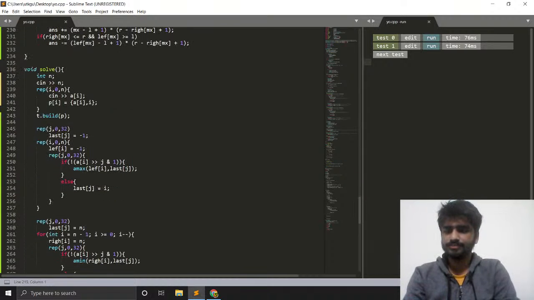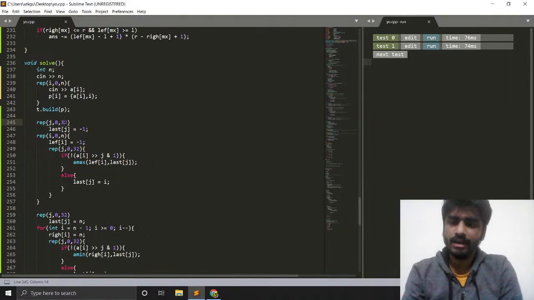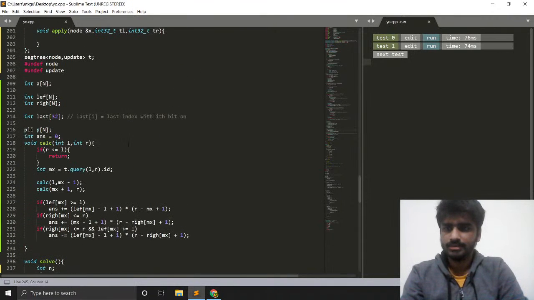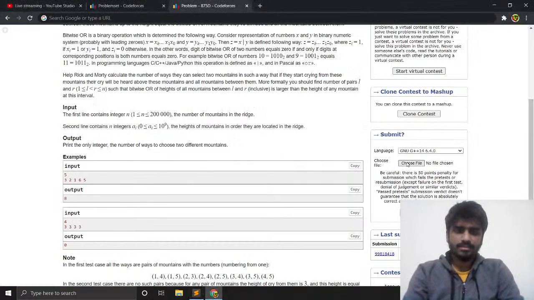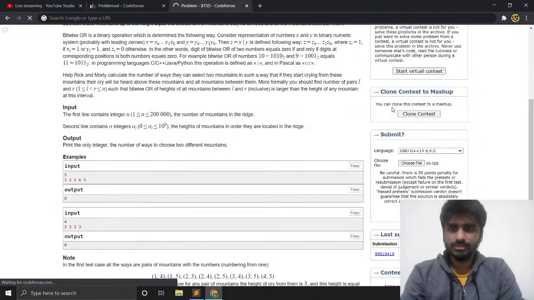Not sure. Because this bit shouldn't have given a runtime error. That's strange that happened. But okay, first let's try to resubmit, and if that doesn't work, then I'll try to get rid of the recursion.